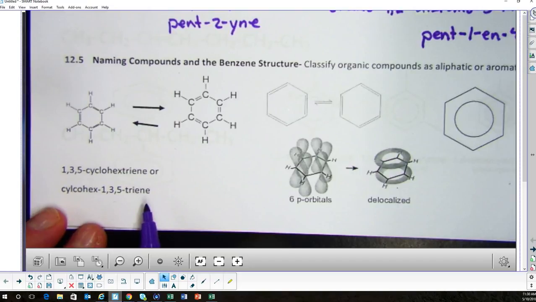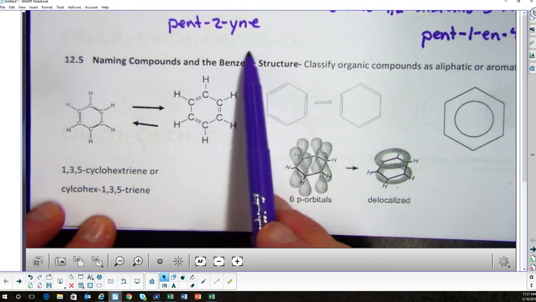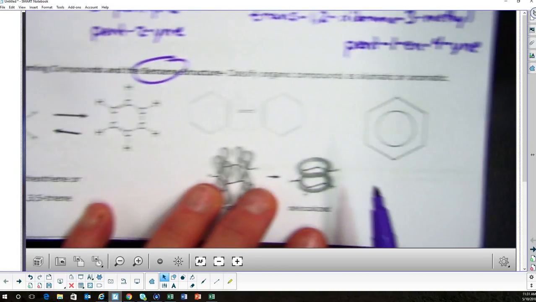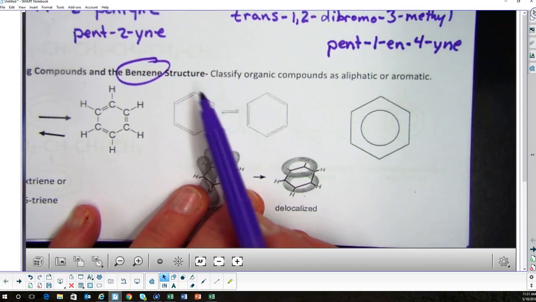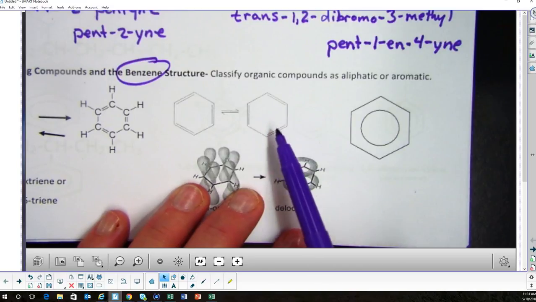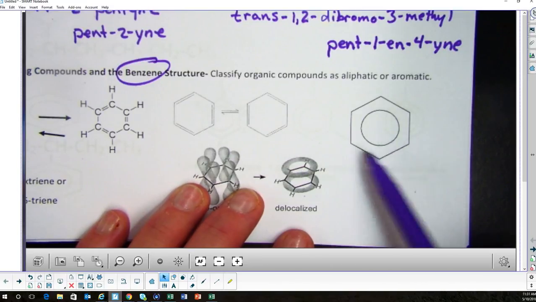Well, we use benzene so much and it's in so many compounds, they got sick of doing that and they just named it benzene. So anytime I see this structure, it's a benzene. And we also got sick of trying to decide where exactly those lines would be because they spin in space. So we put the circle.